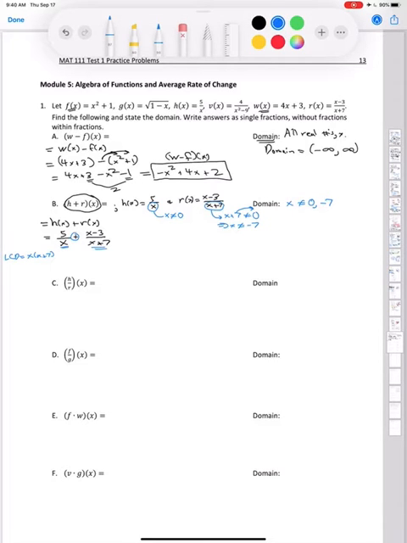So I'm going to go ahead and rewrite these. So if we rewrite, we're missing the x plus 7 factor. So we can multiply the numerator and the denominator by x plus 7 to make that LCD happen. And over here with this fraction, we're missing the x, so we can go ahead and multiply by x. So now I can add them together. So as I'm looking at the sum of these two functions, we can begin to write that out.